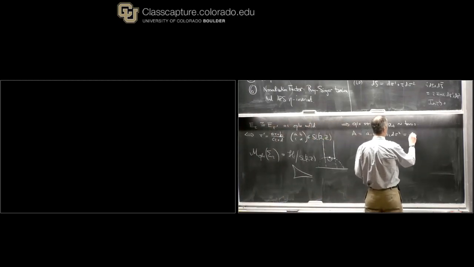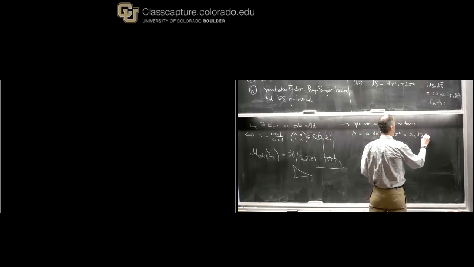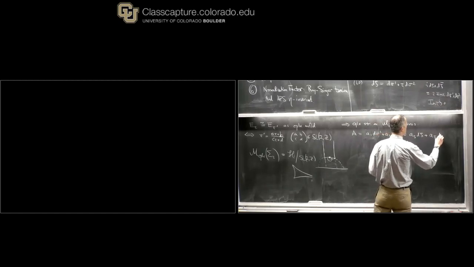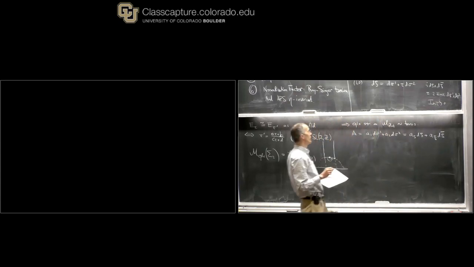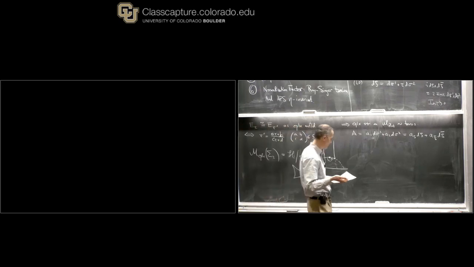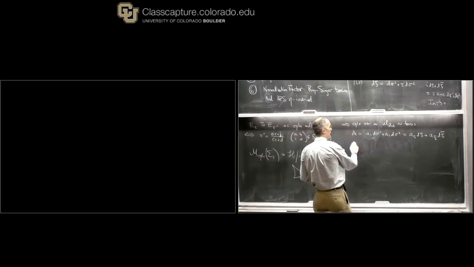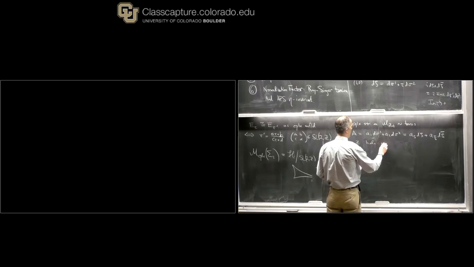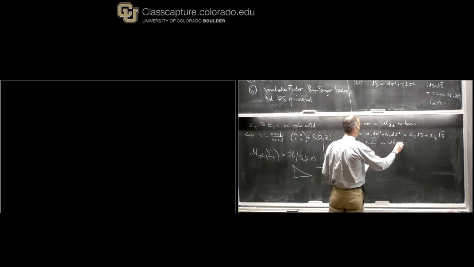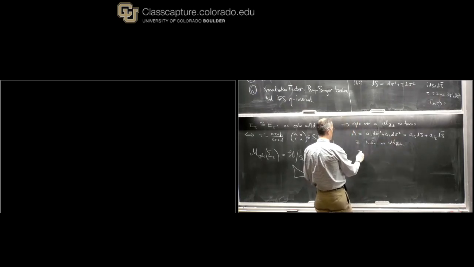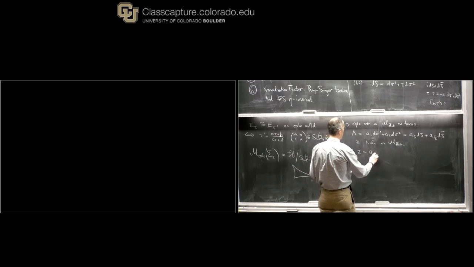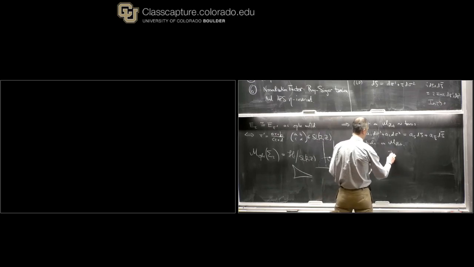And now we can expand this as A zeta d zeta plus A zeta bar d zeta bar. And now you would use either A zeta or A zeta bar as a holomorphic coordinate on the moduli space of flat gauge fields. Now we're going to choose our holomorphic coordinate z. So this is a holomorphic coordinate on M flat. And we're going to choose that to be proportional to A zeta bar. I'll say why in a moment.